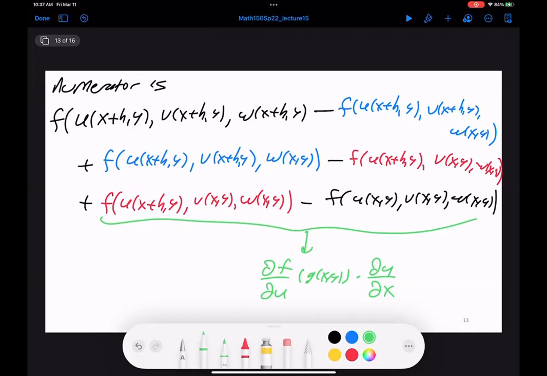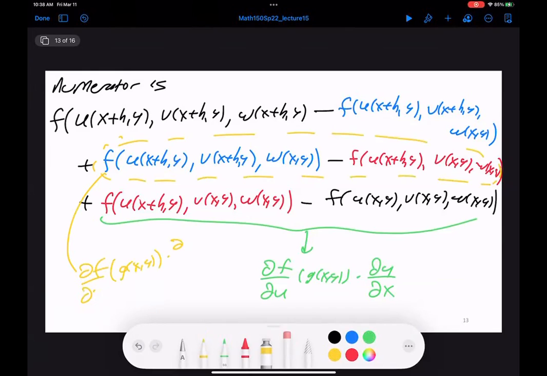If I look at the second one, if I look at the blue minus the red, we notice that they both have the same third component. They both have the same second component, but they have a different middle component. So the middle piece is going to look like df dv times dv dx.